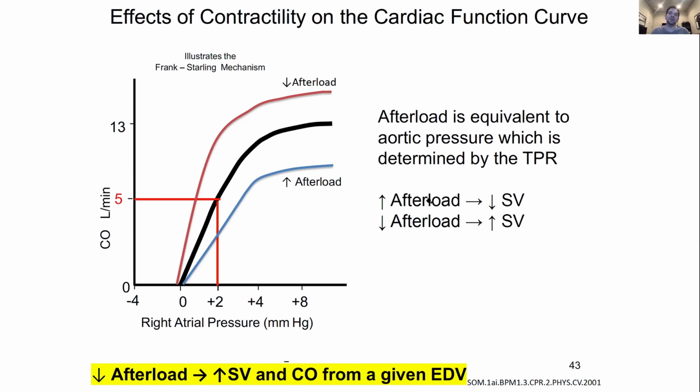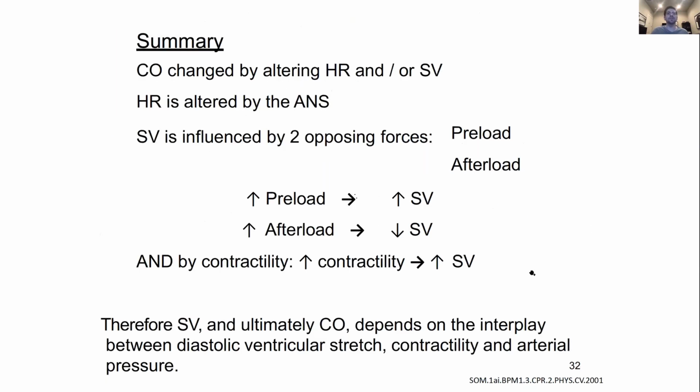So this has a lot to do with vasoconstriction or vasodilation. If the vessels are vasoconstricted, your afterload is going to go up. You have to press against harder. You know, the pressure is harder to get blood through. Decrease afterload, you're vasodilating. So the blood going through is going to go through easier. So inevitably, you're going to increase your stroke volume.